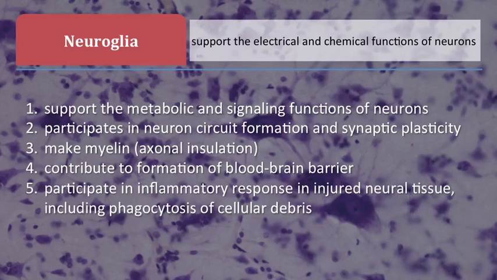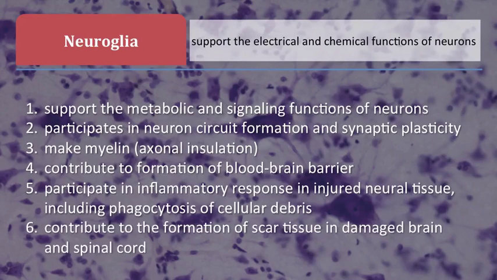Glia participate in the inflammatory response in injured neural tissue, and that includes the phagocytosis of cellular debris. Other types of glial cells contribute to the formation of scar tissue in damaged brain and spinal cord, and so this is part of the way that the brain responds to injury.